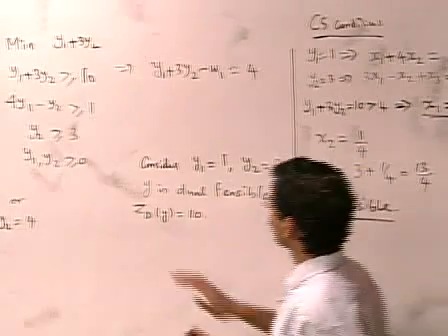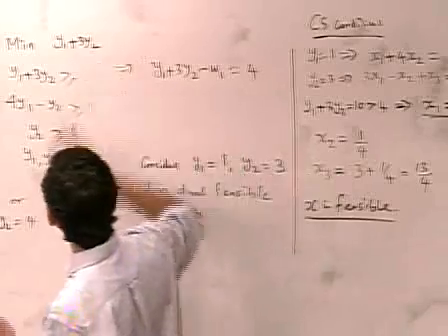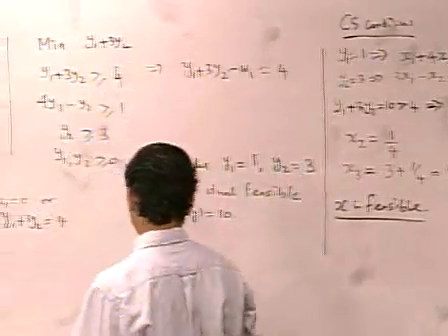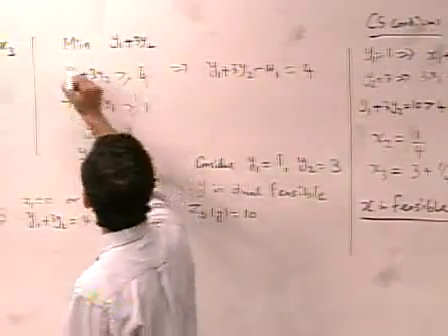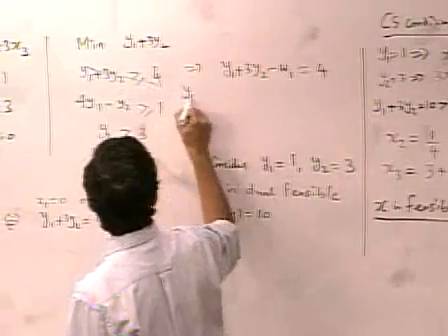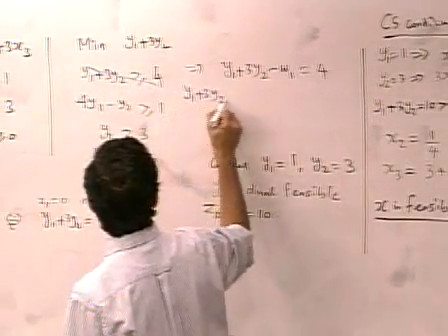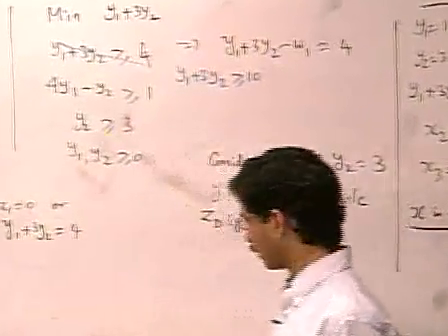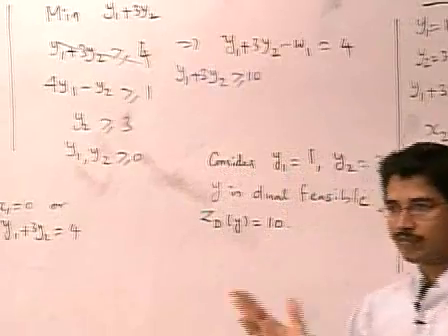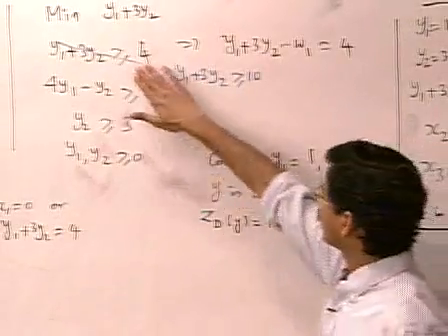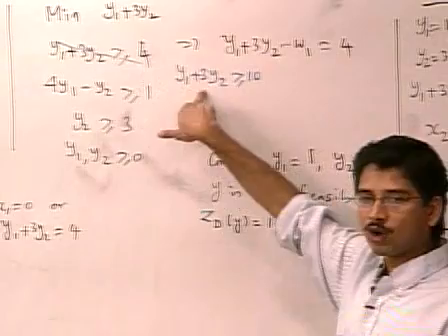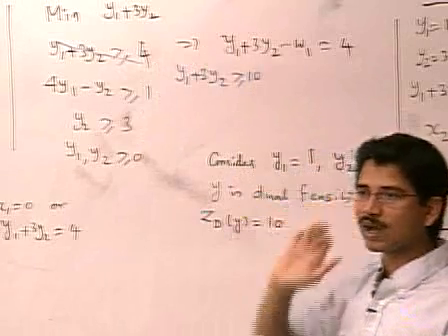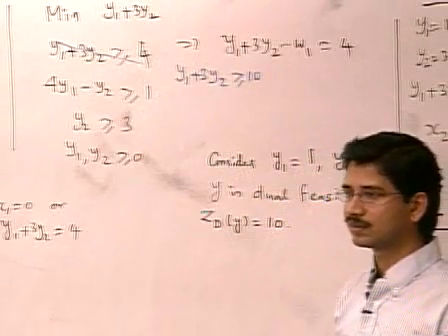So remember that before we had, this is 4. Now I'm getting rid of this, and I'm saying y1 plus 3y2 should be at least 10. So first question, if I do this, is my optimal cost going to increase or decrease? Is zd of y going to go up or go down?